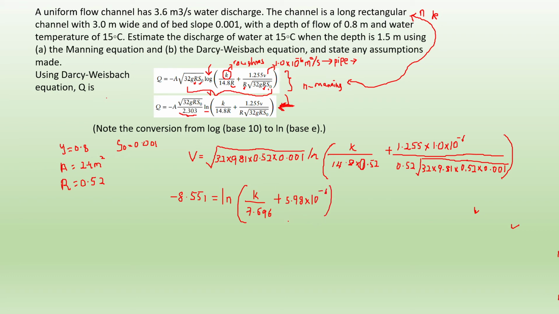For those who forgot how we get this: Q equals AV. Since Q is given, you can find V as Q over A, so this is actually 1.5.